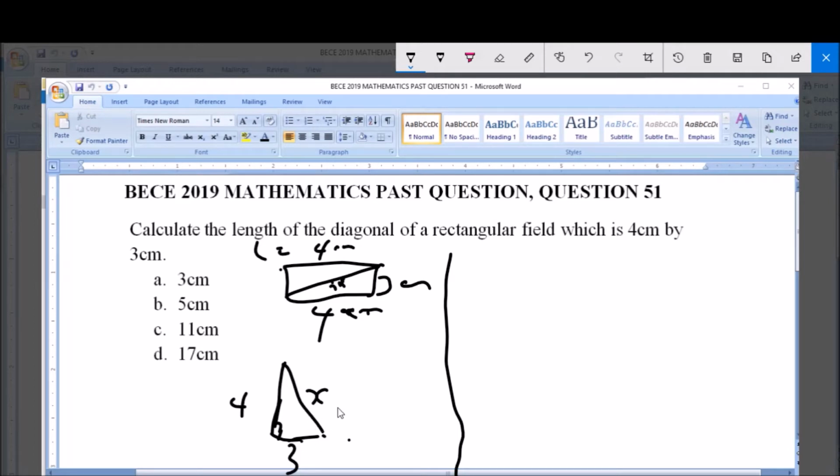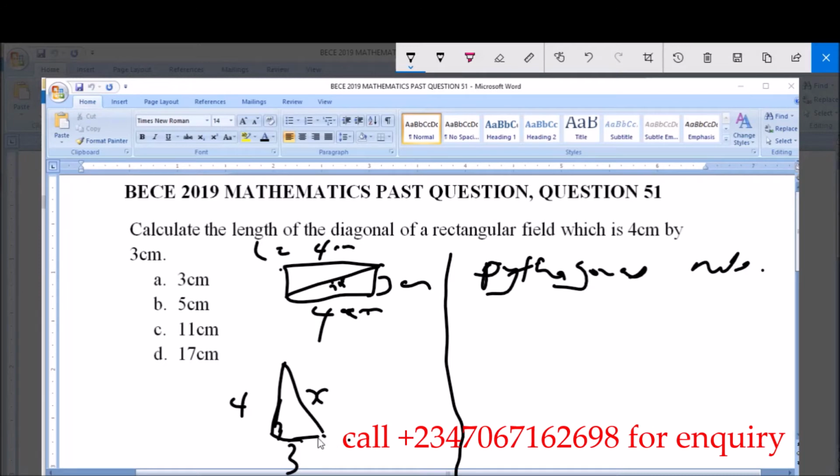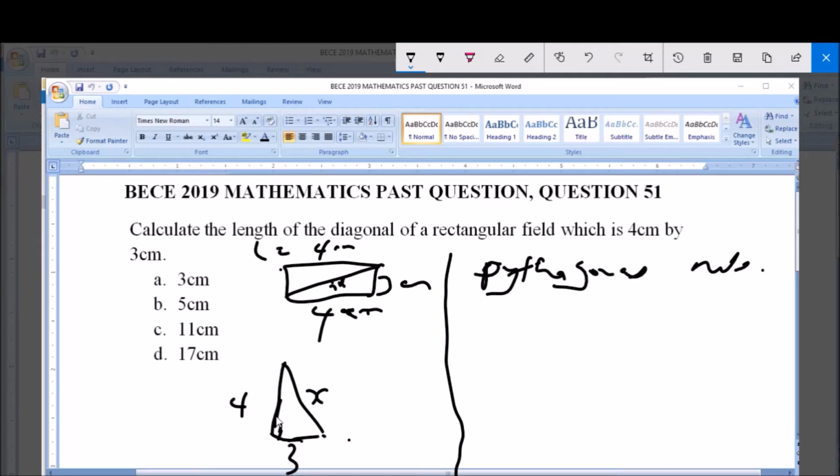And for us to find the length of the diagonal, which is x, we must apply what we call the Pythagoras rule. The Pythagoras rule says what? The hypotenuse square is equal to the opposite square plus the adjacent square.